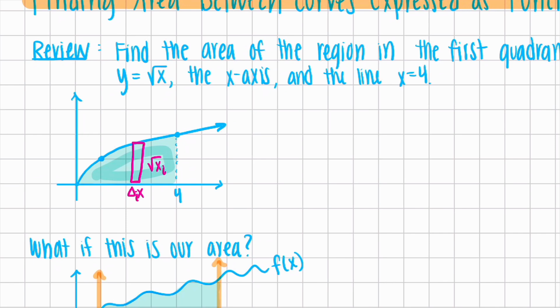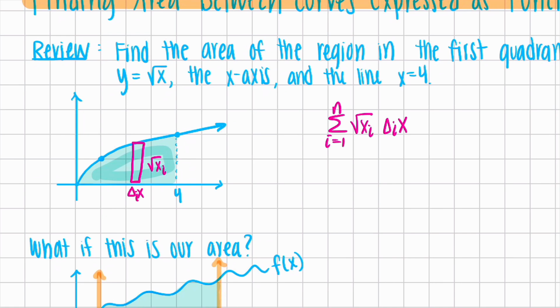So the area of this rectangle is going to be my delta sub i of x times the square root of x sub i. And if I add up the area of all these rectangles, this is what I get. And I'm going to say from i equals 1 to n, depending on however many rectangles there are.